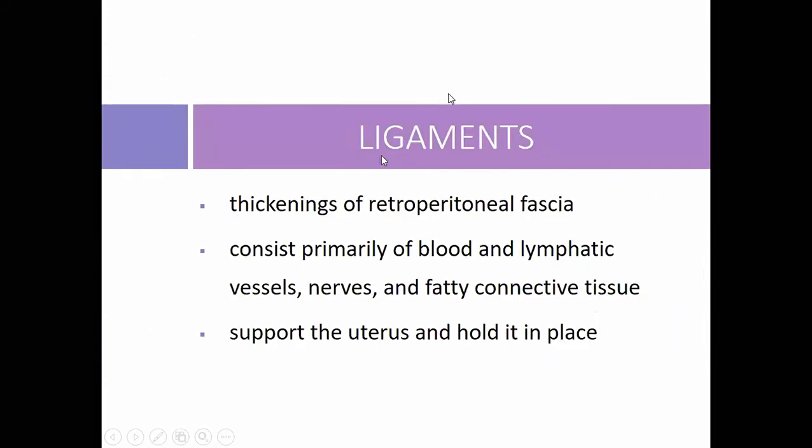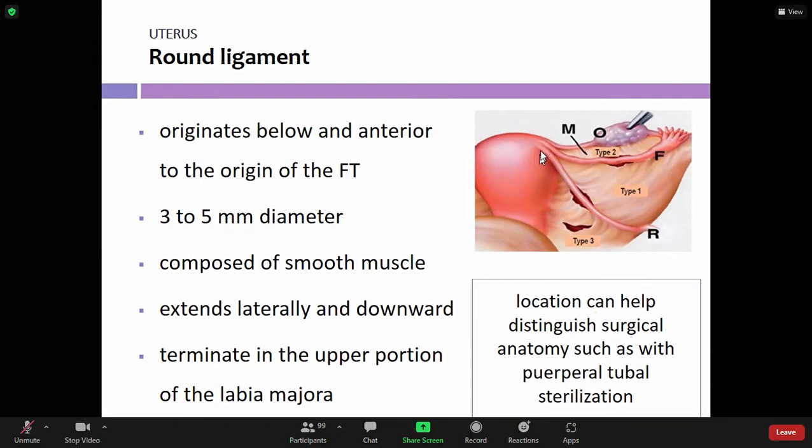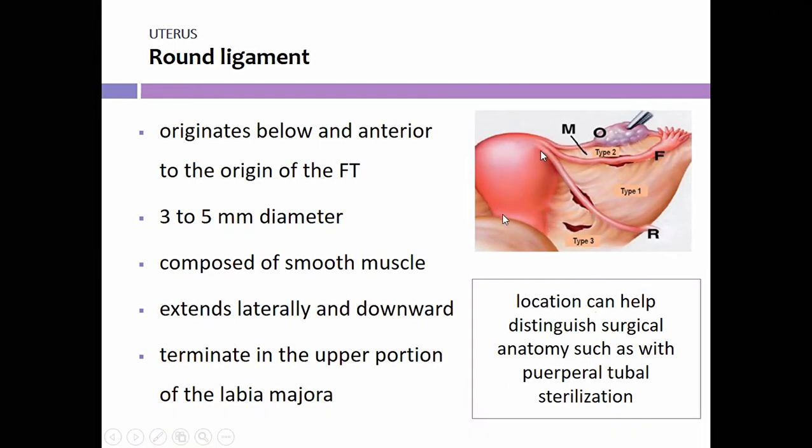The uterus is also supported by ligaments. They are thickenings of the retroperitoneal fascia, and they support the uterus, and they put the uterus in place. So one of the ligaments here is the round ligament. So this originates below and anterior to the fallopian tube. Anatomically, this is the anterior. You are looking at the structures anteriorly, from the front.